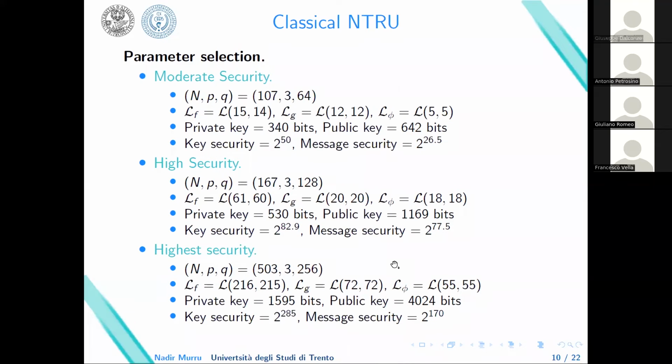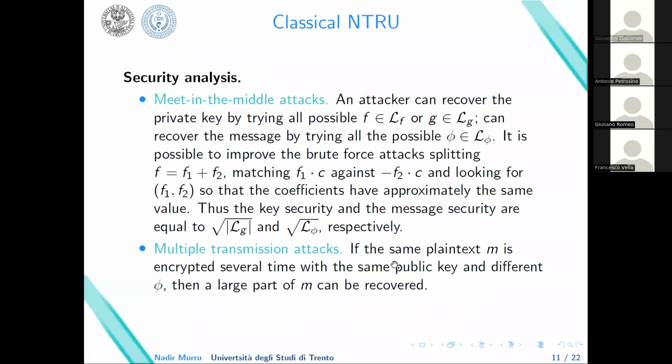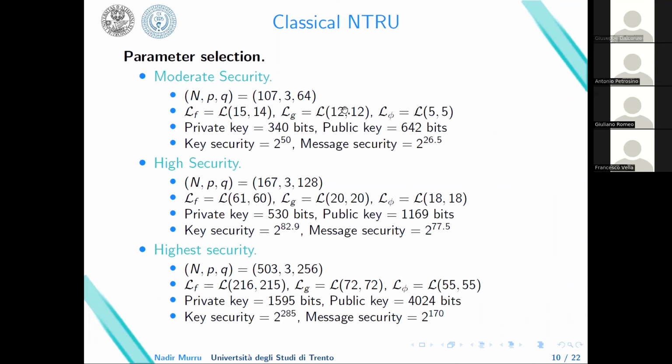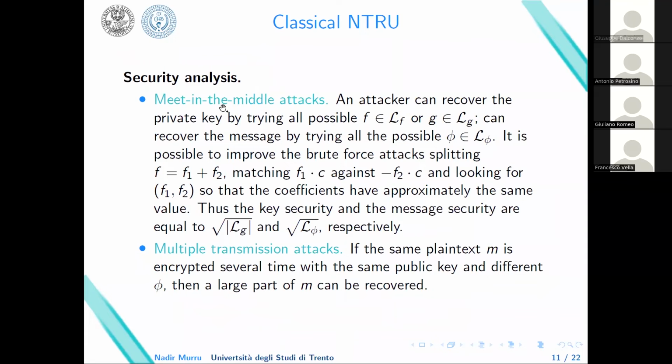Okay, this is related to the next slides, and essentially it is related to the possibility to perform a meet-in-the-middle attack, a little improvement about the brute force attack. So if you take these parameters, for instance, the key security is given by 2 to the 50 with respect to this meet-in-the-middle attack.